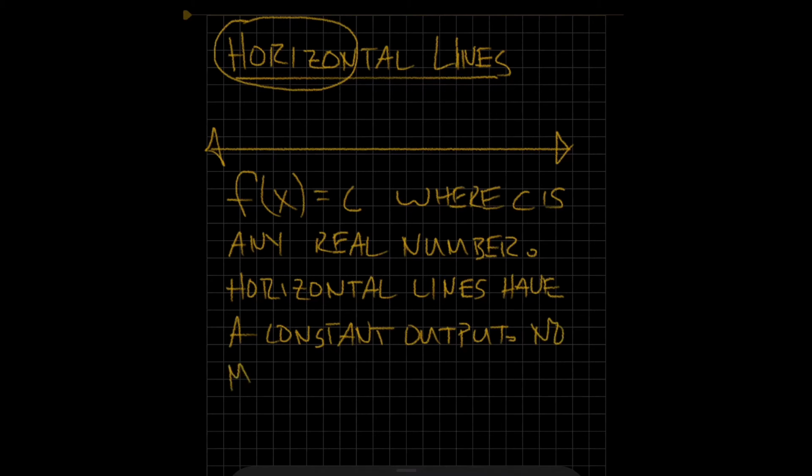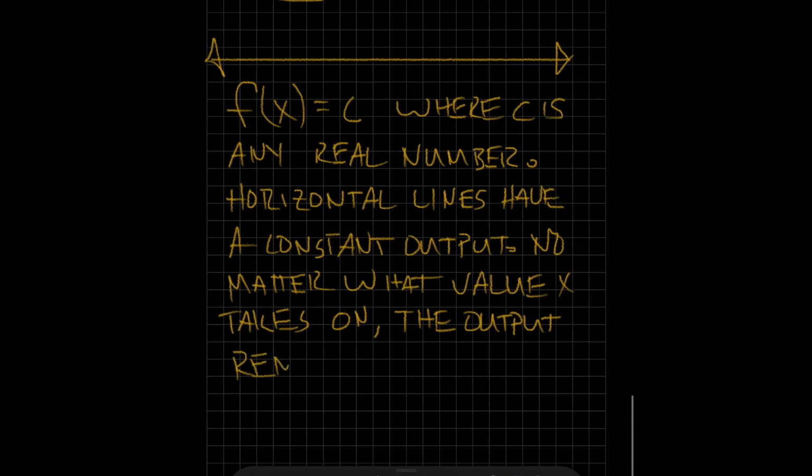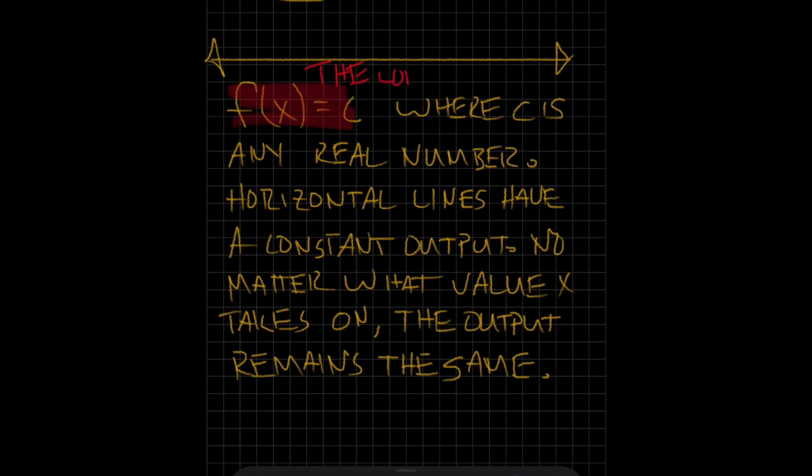So no matter what value you have for an input, no matter what value x takes on, the output remains the same. That's why you sometimes hear these functions called the constant function. I've sometimes seen this described in textbooks as the constant function, because the output is always constant.